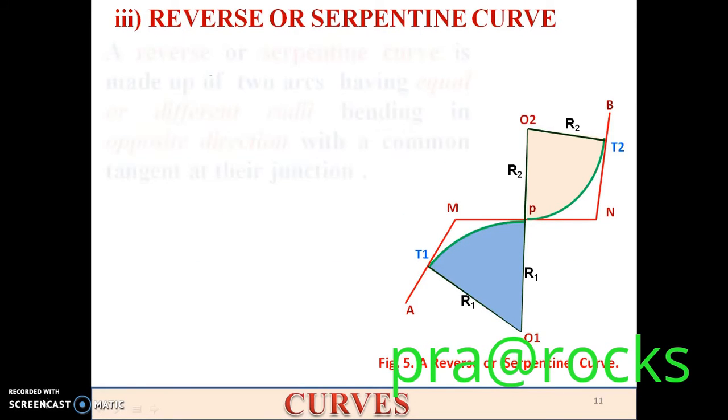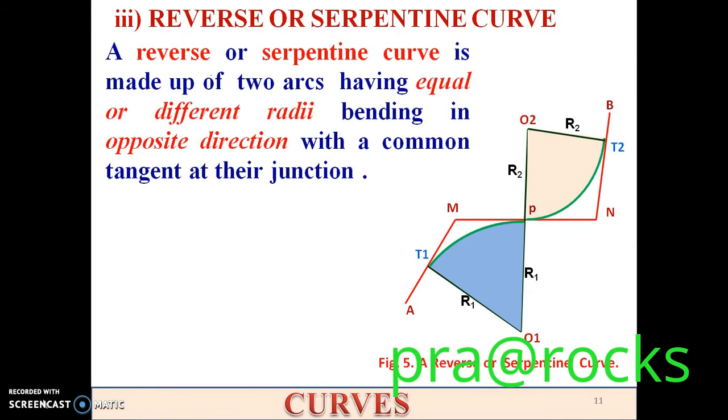And now coming to the reverse curve, otherwise termed as a serpentine curve. It is made up of two arcs, and these two arcs can have equal or different radii, and they will be bending in opposite directions with a common tangent at the junction.